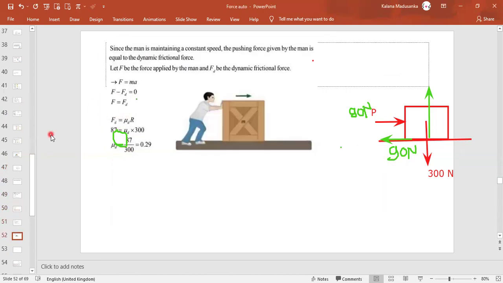Then how to find out that value? So they're asking the dynamic one. You can still use F is equal to mu R, but since they're asking about the dynamic one, we have to take it as mu k.